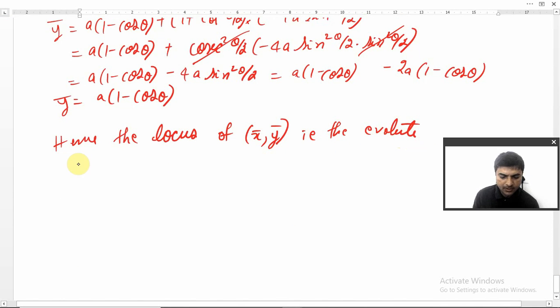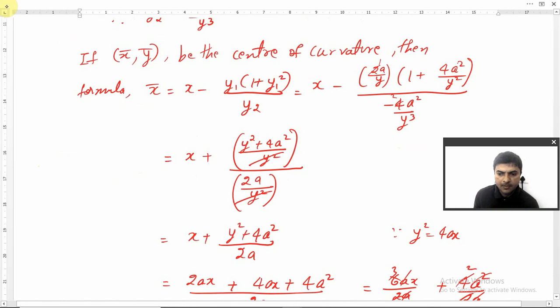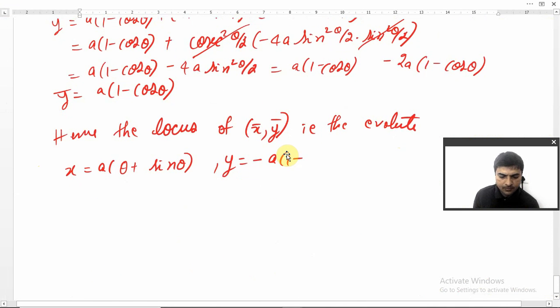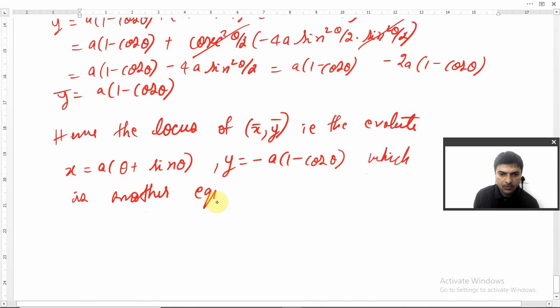Please remember, students, it is the evolute, which is given by x is equal to a into theta plus sine theta, y is equal to minus a into 1 minus cos theta, which is another cycloid. So like this you have to simplify these ones.